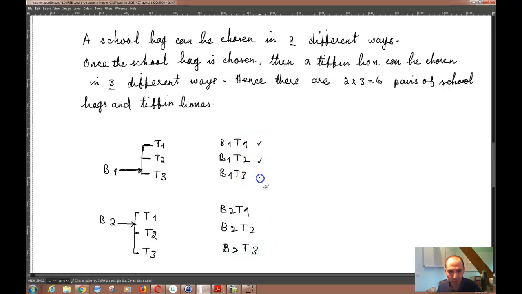So 1, 2, 3, 4, 5, and 6. As you can see, once you understand this concept properly, you will be able to count using this method. And that's actually a very clever way of counting. Okay.